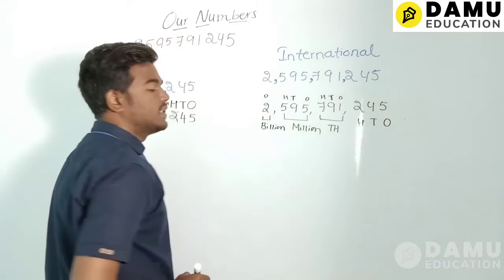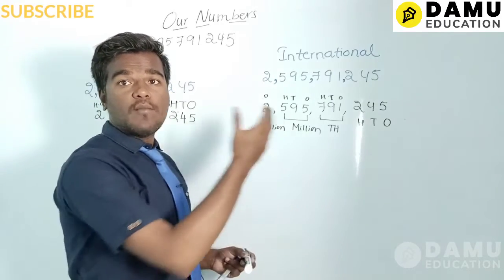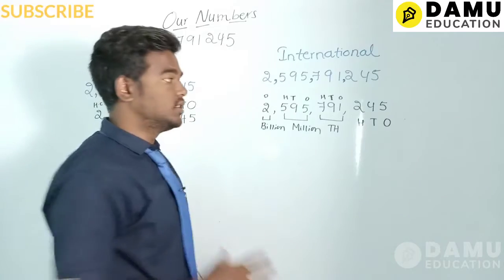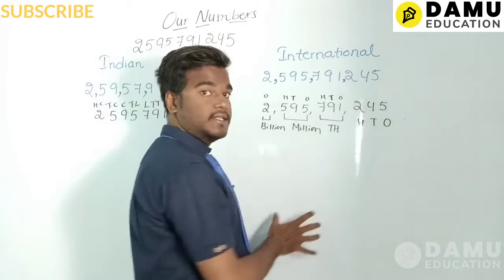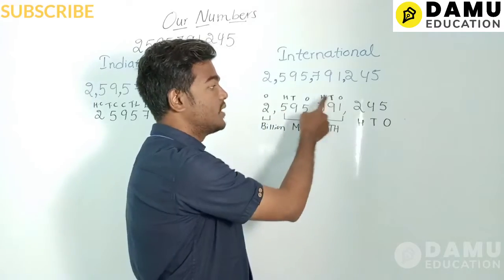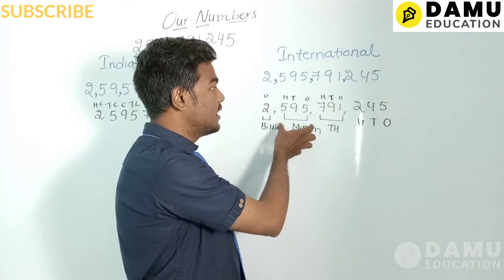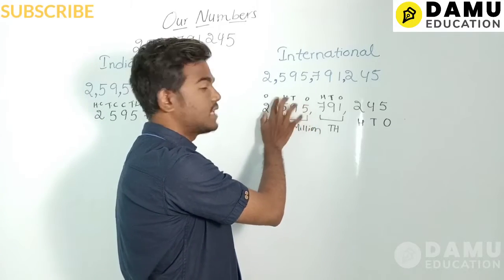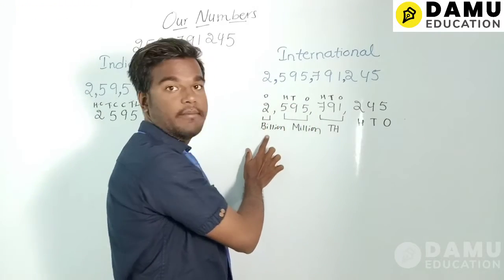Billion place, that is ones place. You can have one more or two more numbers also in the billions place. So what is that here? Ones, tens, hundreds. These 3 digits will have the thousands place. Then 595 is a set of the millions place, that is ones, tens, hundreds, and 2 will be the billions place.